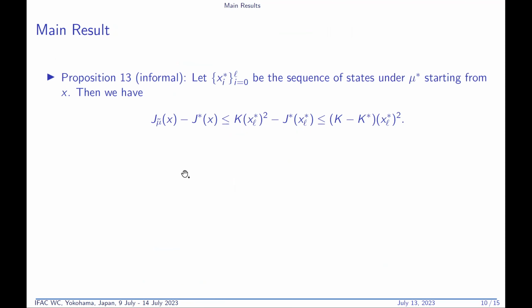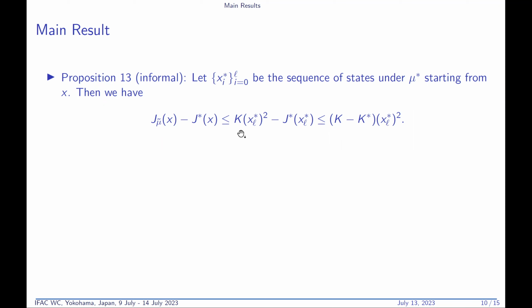For this scheme, we have the following result. Let Xi star be the sequence of states under the optimal policy starting from a given X. Then the cost function of the MPC evaluated at X, its optimality gap, is bounded by the terminal cost evaluated at the end of the predicting horizon under the optimal policy minus the optimal cost at that particular state.